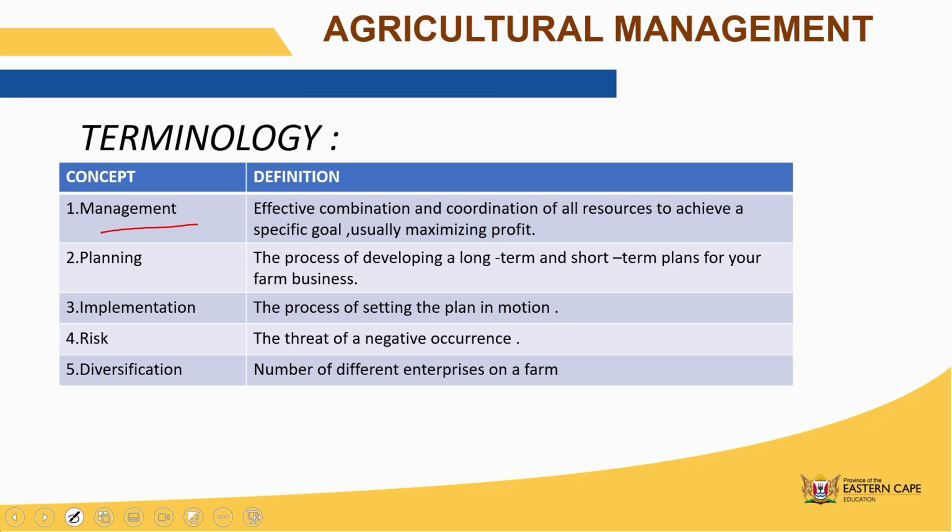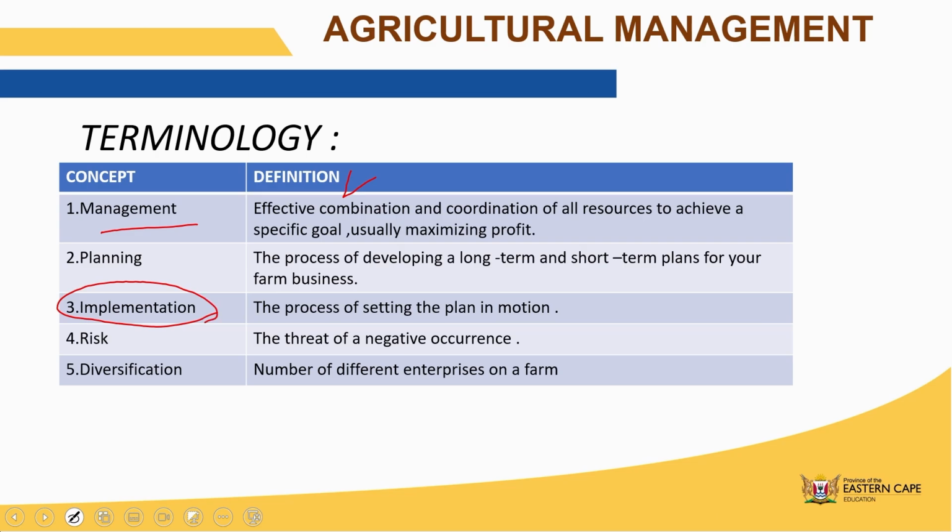We've got management as a concept, and we've got the definition of management. So it means you qualify if you understand the topic, you know section A, you know 1.1. If you are given the statement and you are able to give it a concept, you are done.